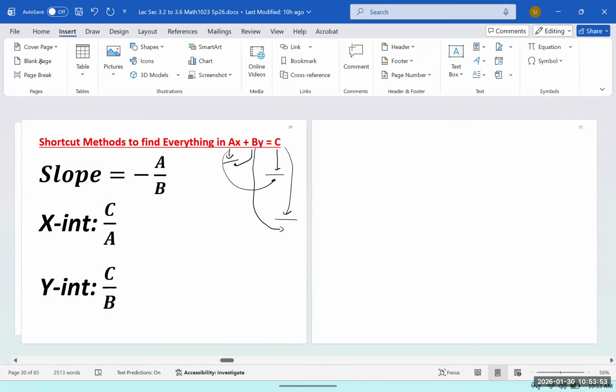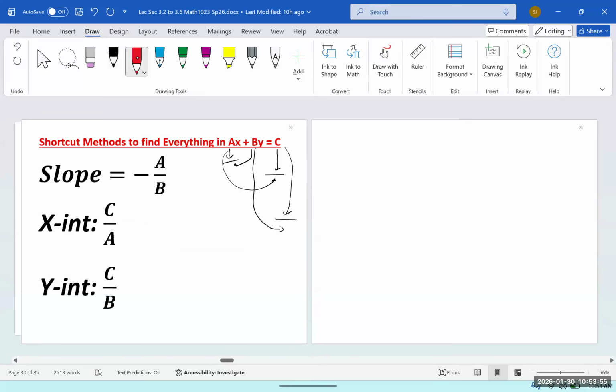Let's say we have an equation 2x minus 5y equals, let's say, 7. Without doing any math, we can find the slope. Slope is negative a divided by b.